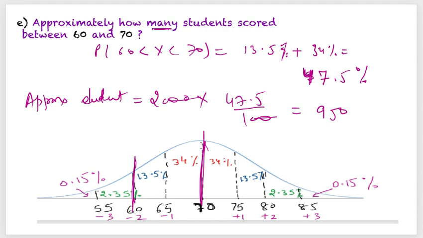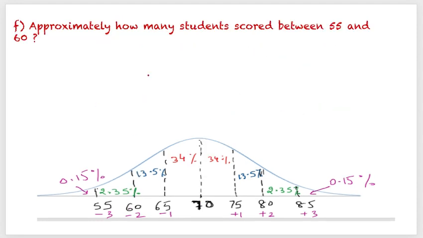And one more question, let's see for the numbers. Here they are saying approximate number of students who scored between 55 and 60. So between 55 and 60, let's see first the probability. What is the value or percentage? So 55 to 60 is only this much.